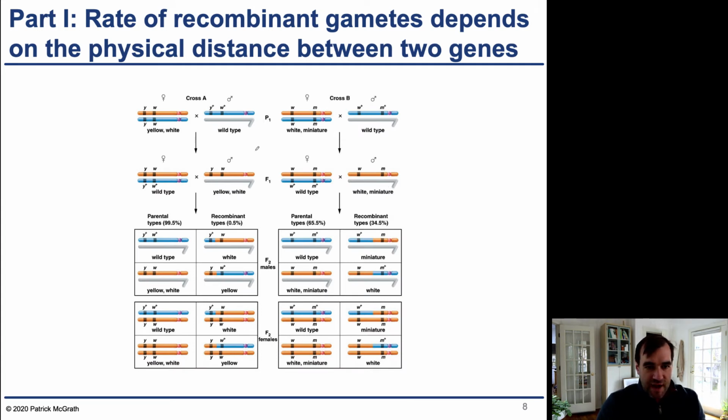And so why is that? Why? Because in order for you to have a recombinant gamete, the crossover must occur in between the genes.